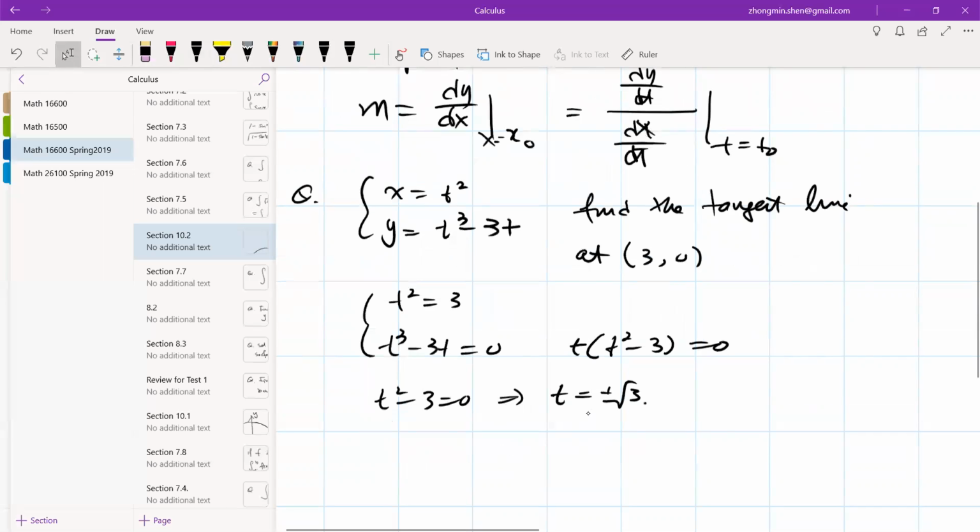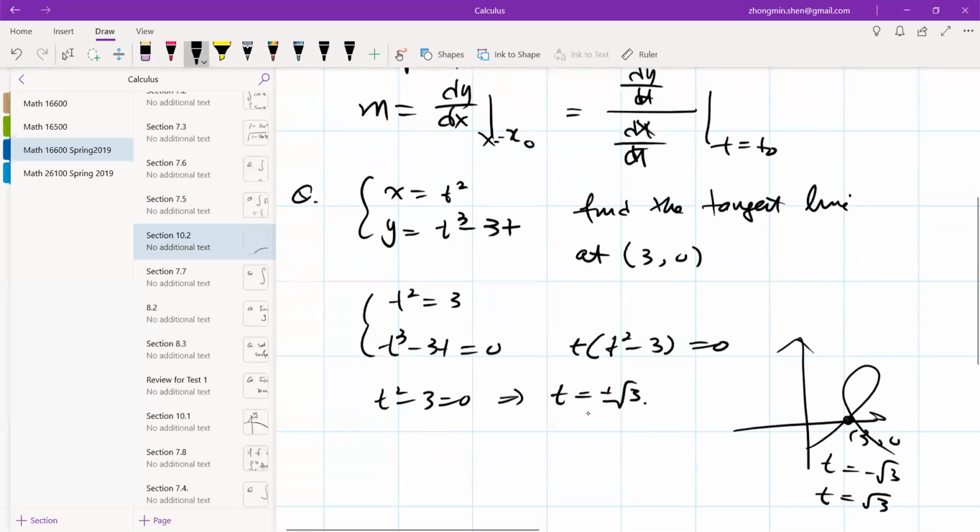That means the curve passes through the point (3, 0) twice, at time t equals negative square root of 3 and again at t equals square root of 3, coming back to that point. So if we're talking about tangent lines to this curve, you're going to have 2 tangent lines, one for each branch, at the same point.